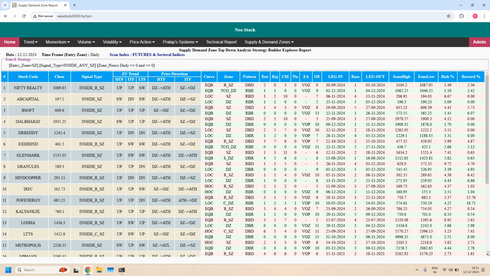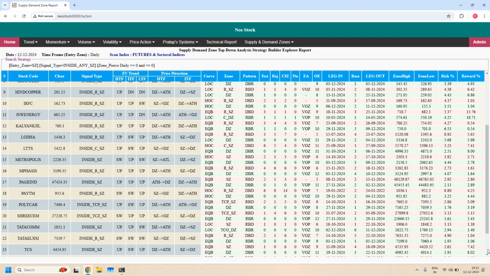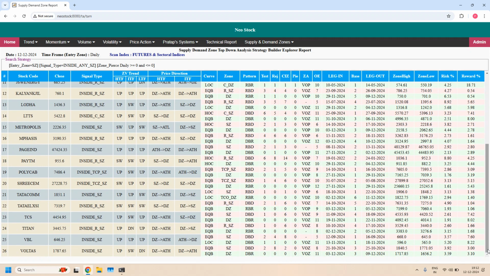Again, we got a big list. First 15 stocks in the list. I am scrolling the list down. So total 26 stocks are filtered where price closed inside daily supply zones.